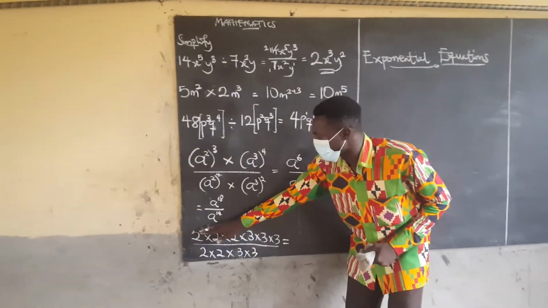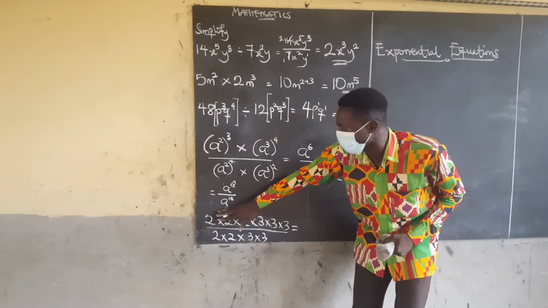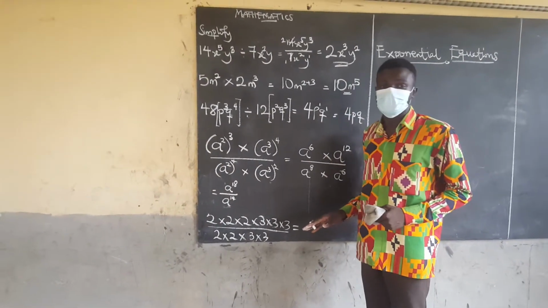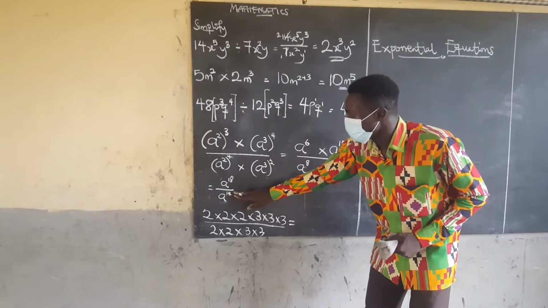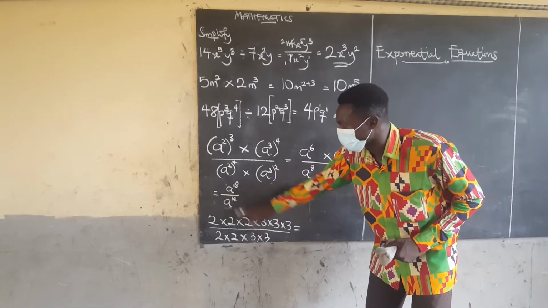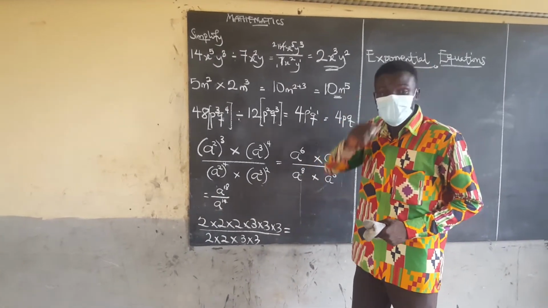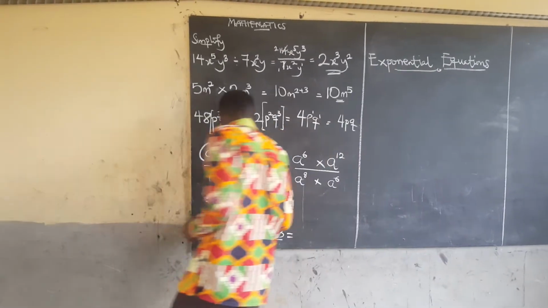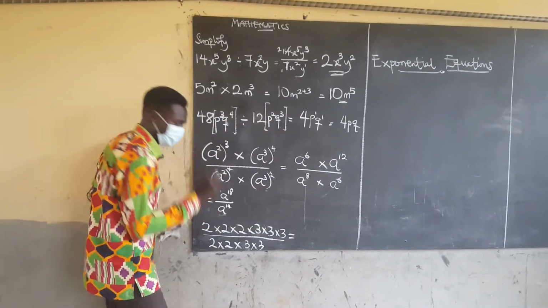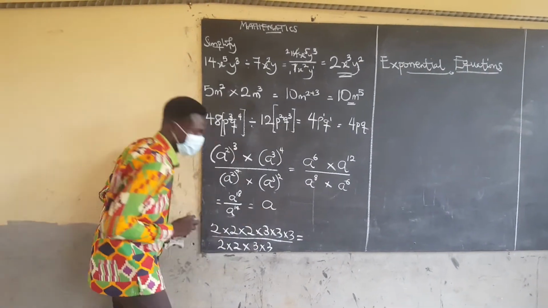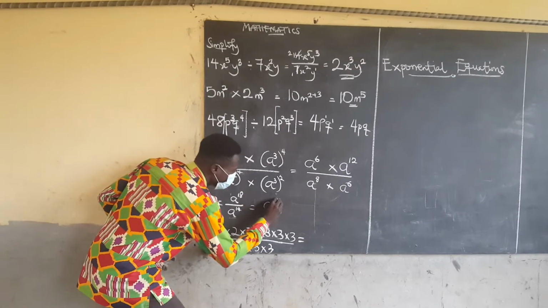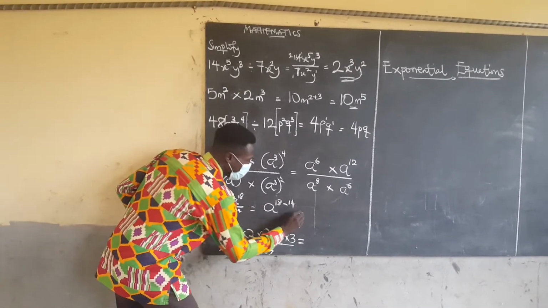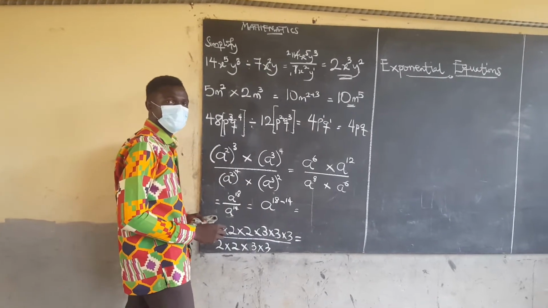And when you look at this, it also looks like the second law of indices, which says that if you are dividing and the bases are the same, subtract the powers. So the base here is a. So I'll pick one a, then subtract the powers, which is 18 minus 14. 18, if I take away 14, I'm left with 4.